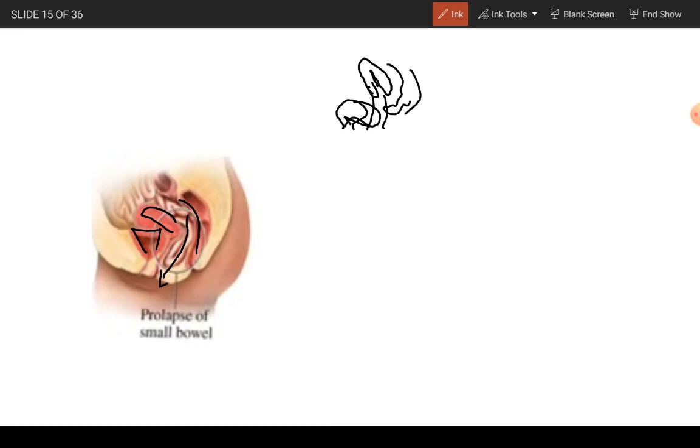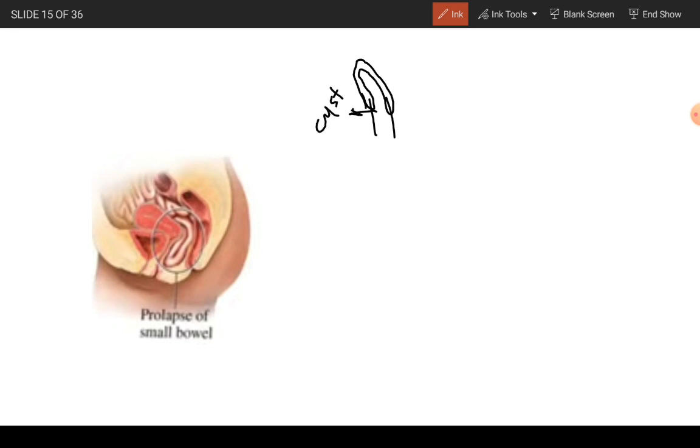If it is middle 1/3, rectocele, and if it is the lower 1/3, perineal descent. So in the anterior vaginal wall, upper 2/3 cystocele, lower 1/3 urethrocele; in the posterior, upper 1/3 enterocele, middle 1/3 rectocele, lower 1/3 perineal descent.